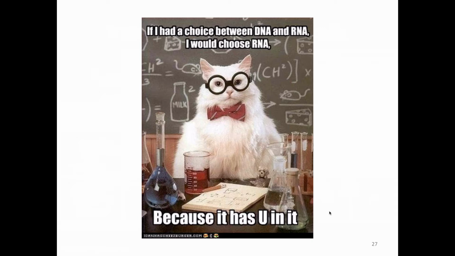Chemistry Cat says that if I had a choice between DNA and RNA, I would choose RNA because it has U in it. You need to remember uracil, and you need to remember that uracil is found only in RNA, not in DNA. If there is uracil in DNA, something is wrong.